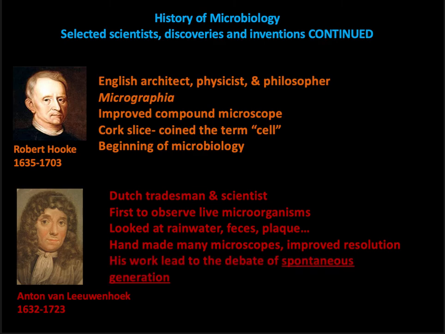And so Anton van Leeuwenhoek is really the first one to describe living microorganisms, and his work really challenged this current idea of spontaneous generation. It's his work that really set the stage for everything that we're going to talk about today.